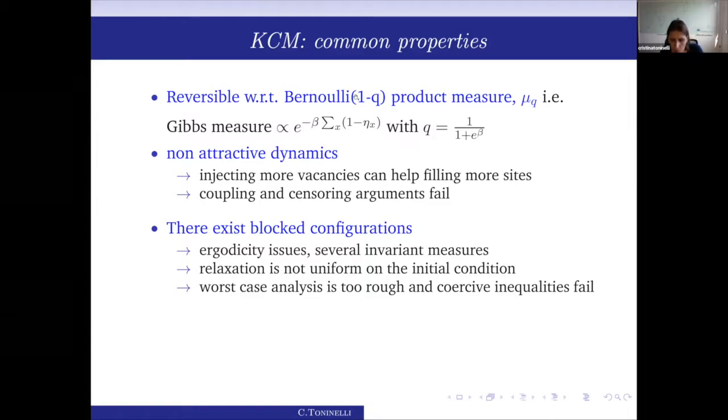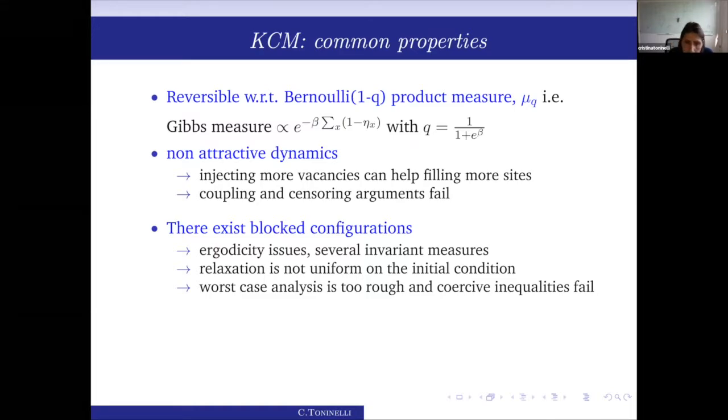For example, if I start from a configuration, say for the FA2F model, or for any of the models that I said, which is completely filled, none of the constraints is satisfied, and so this configuration cannot evolve. So a measure which is concentrated on the completely filled configuration, for all the constraints that I gave, is an invariant measure. But there are also less trivial invariant measures, which come from the fact that, depending on the constraints, I can have different blocked configurations.